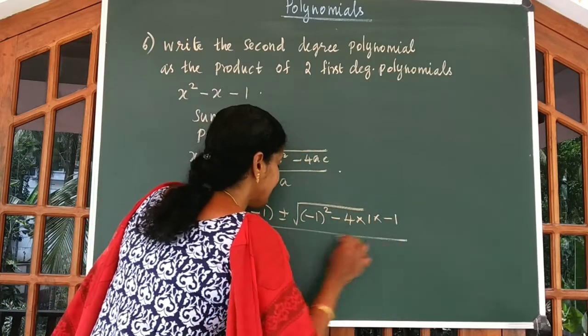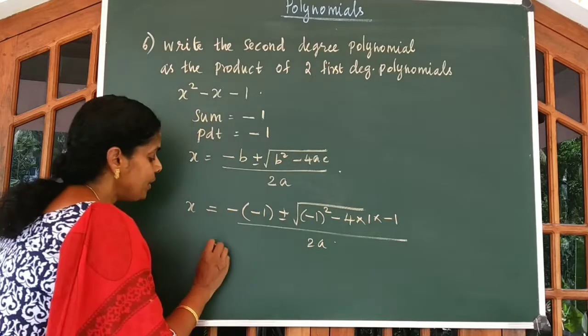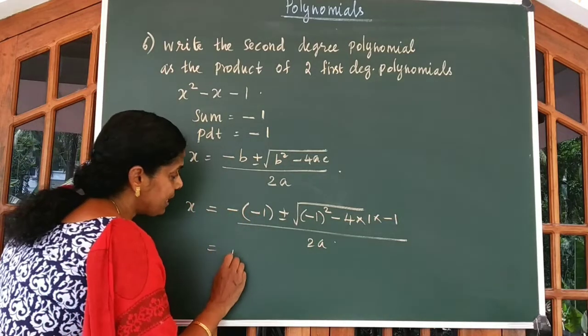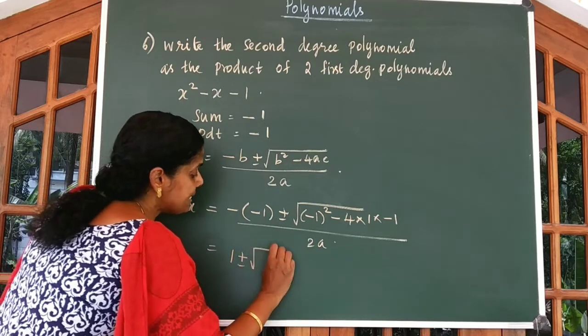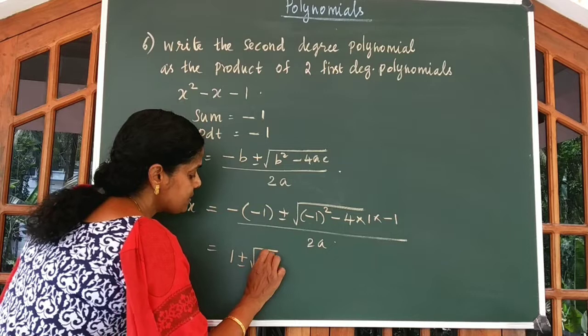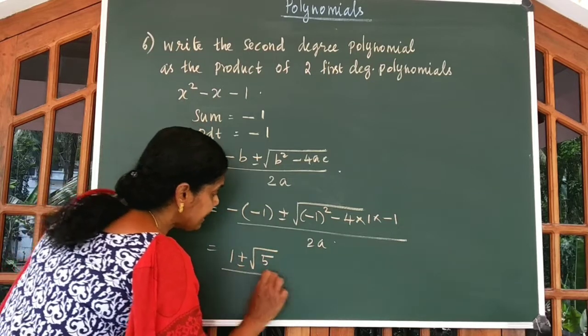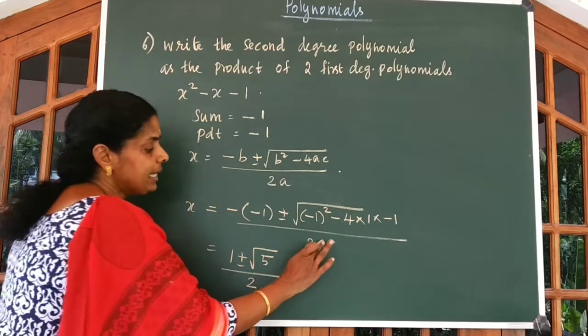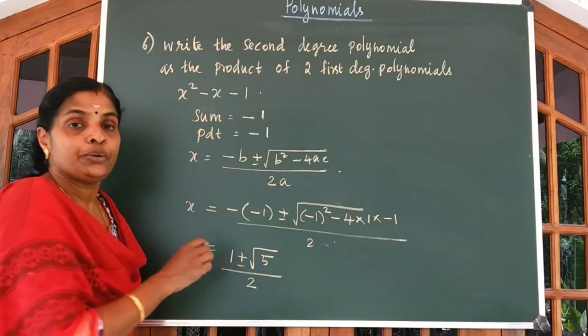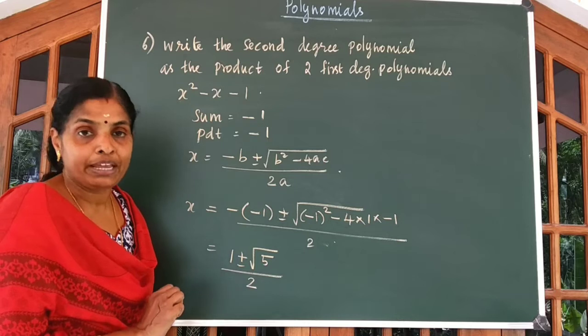Whole thing divided by 2a. So what do you get? Minus of minus is plus. So you get 1 plus or minus root of 1 plus 4, which gives you 5. Whole thing divided by 2. A value is 1. Now x is equal to 1 plus or minus root 5 by 2.